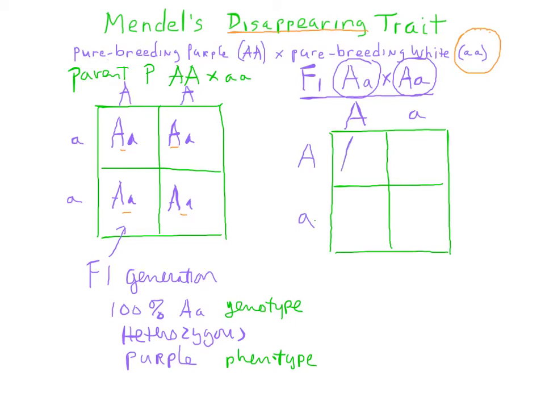So the fertilization process would create a homozygous dominant plant here, a heterozygous plant here, a heterozygous plant here, and a homozygous recessive plant here. The results from this Punnett square yield what you might call the grandkids, but we call them the F2 generation.